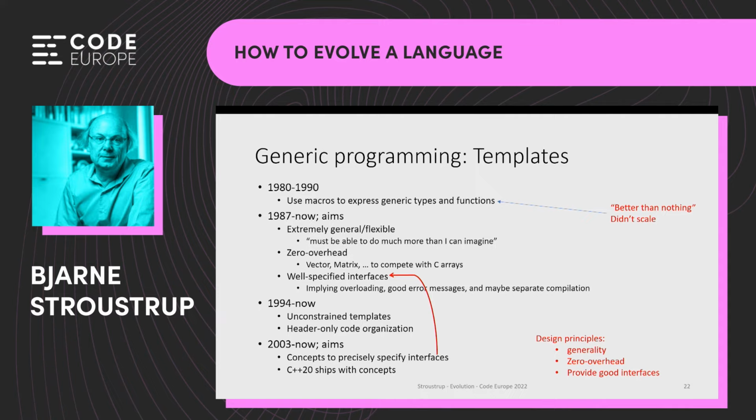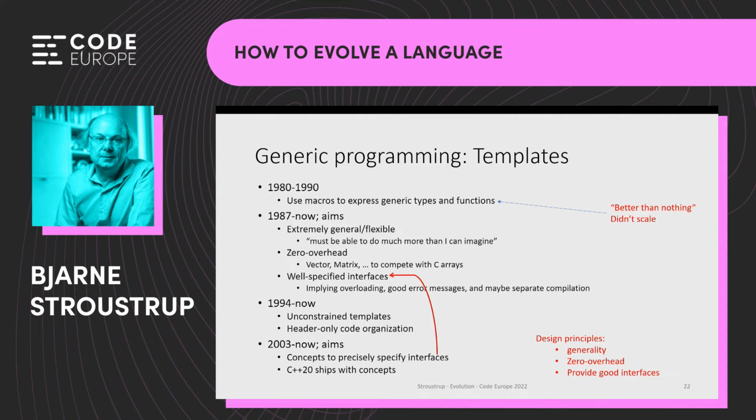Then in '87, I started working on something better than that, and it had to be extremely general and flexible. I really wanted it to do much more than I can imagine. This was a design criterion that was explicit at the time. And then I wanted to compete with C arrays for performance.